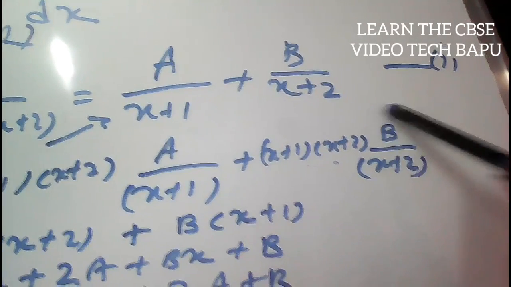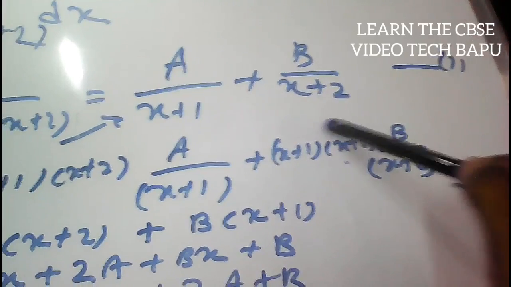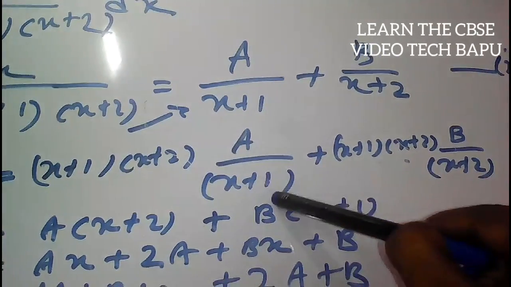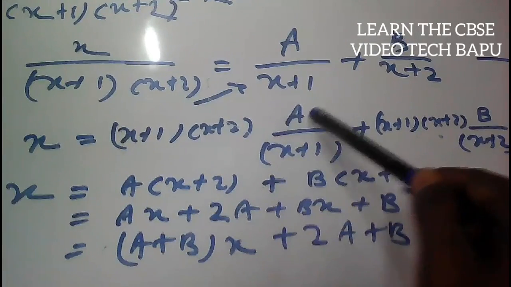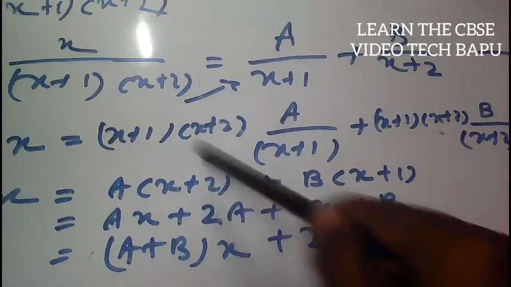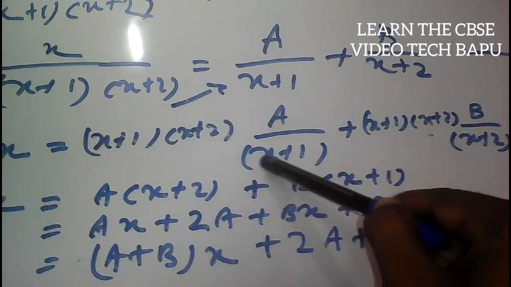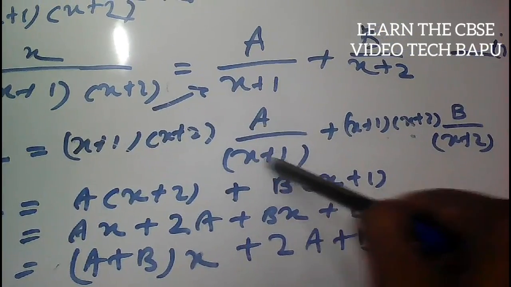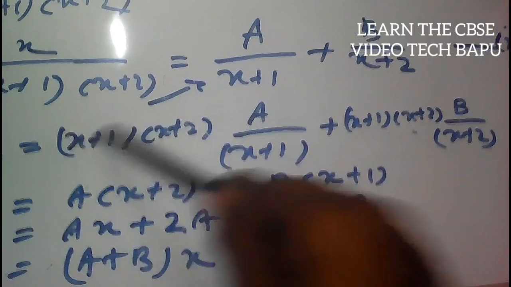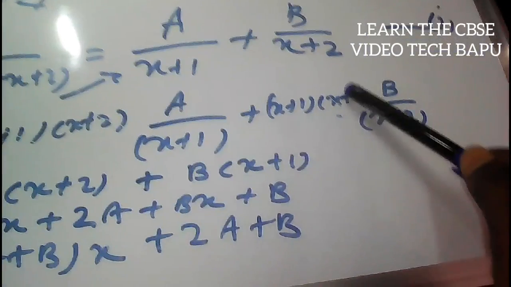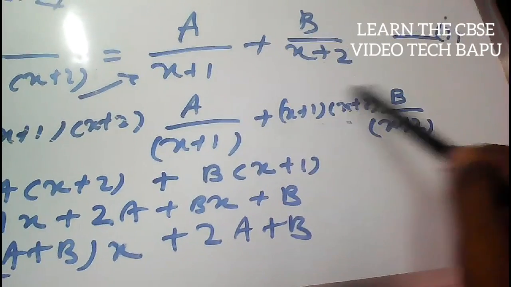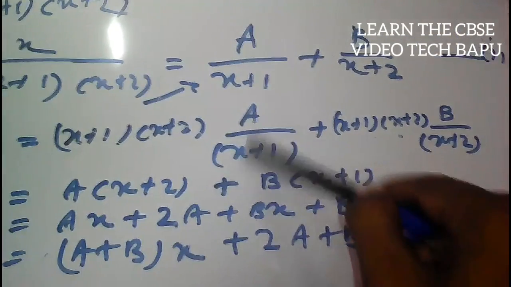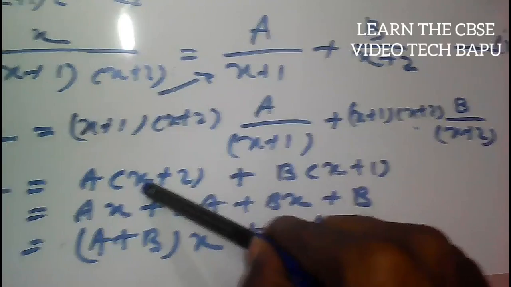So you get a into (x plus 2), as x plus 1 is cut out by x plus 1, and x plus 2 is cut out by x plus 2. Now you get b into (x plus 1) plus a into (x plus 2).